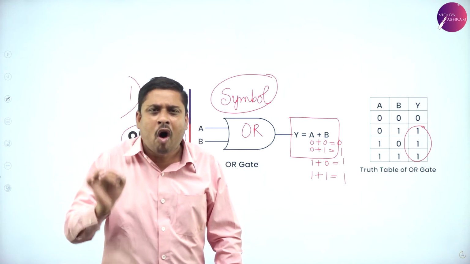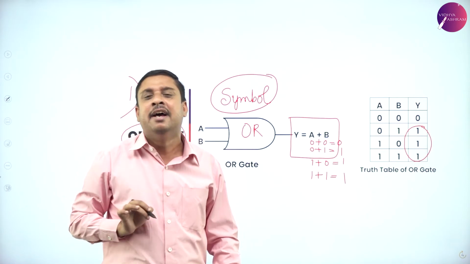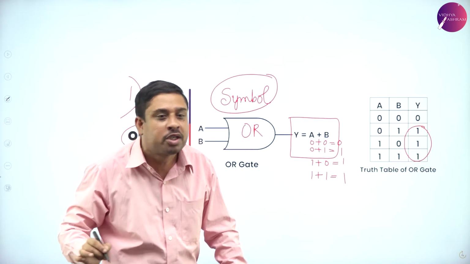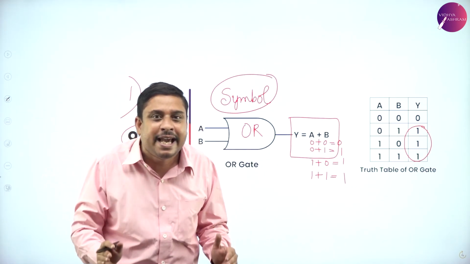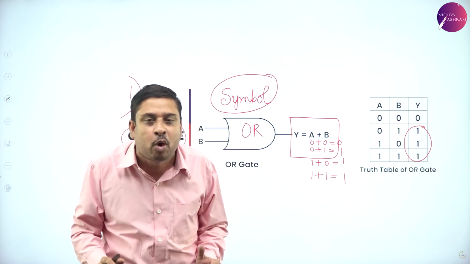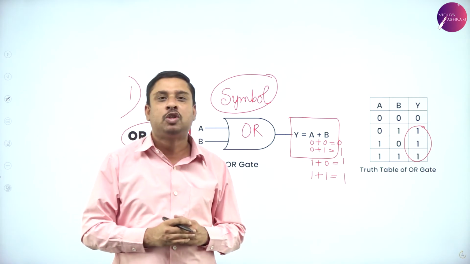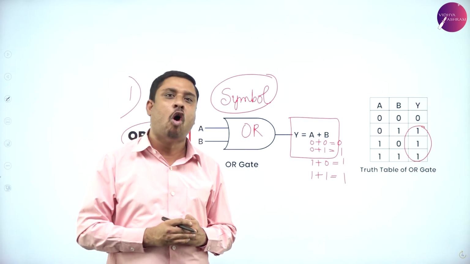One of the inputs has to be high if you have to get a high output. If both the inputs are low, in the off state, then the output of the OR gate is also off.